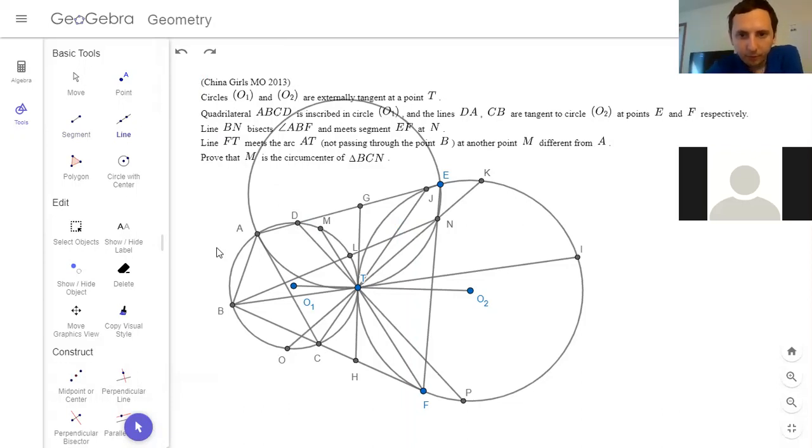I'm wondering if we could do just an angle chase to show that this is cyclic. So all we have to show is angle AEN is 180 minus ATN. Yeah, the trick is how do you find ATN, I guess.